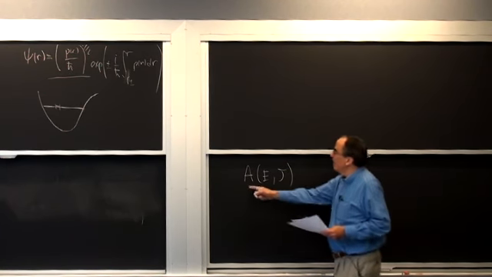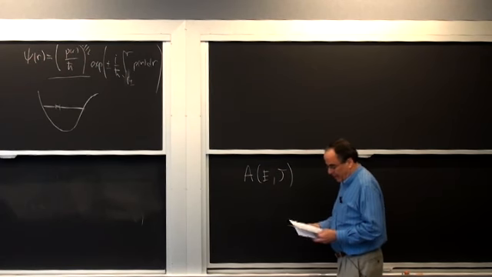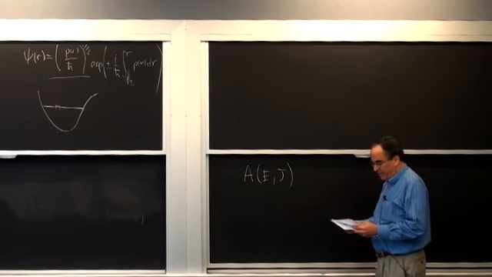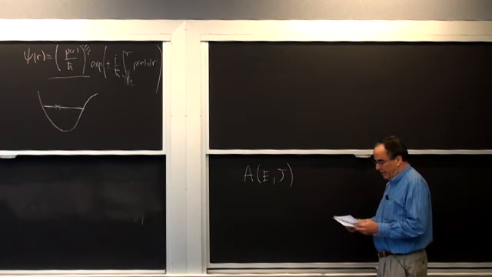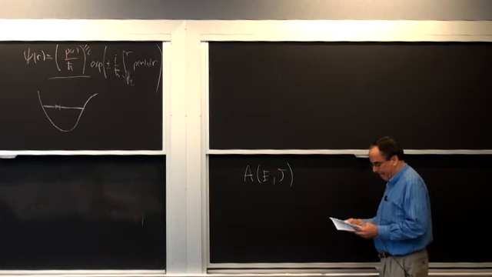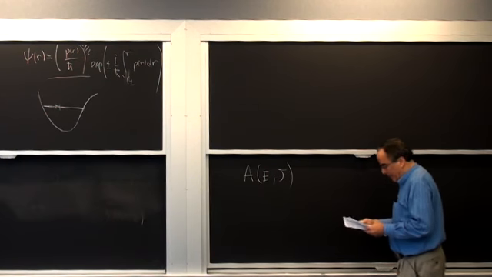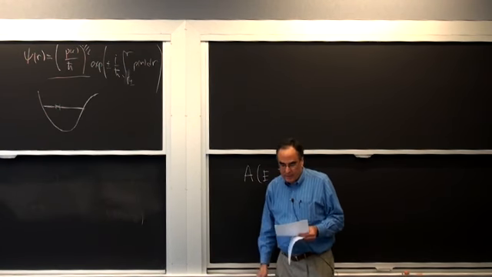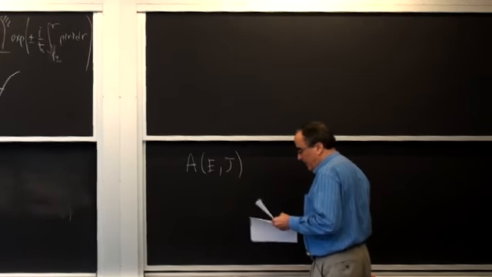So we can describe this function by the quantity that appears as equation 22 on page 4.